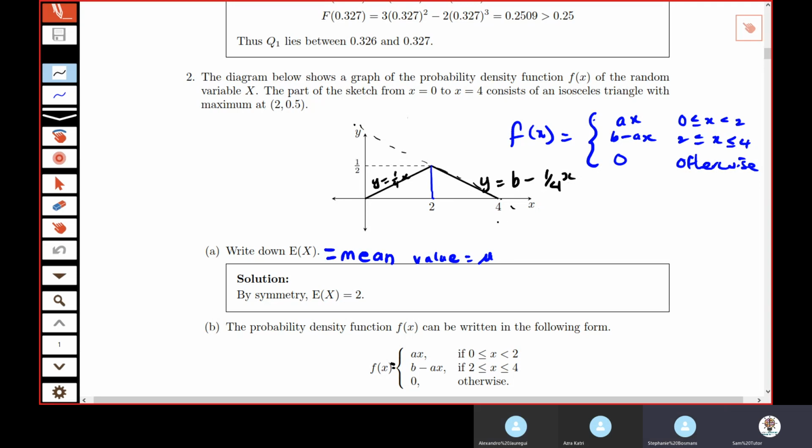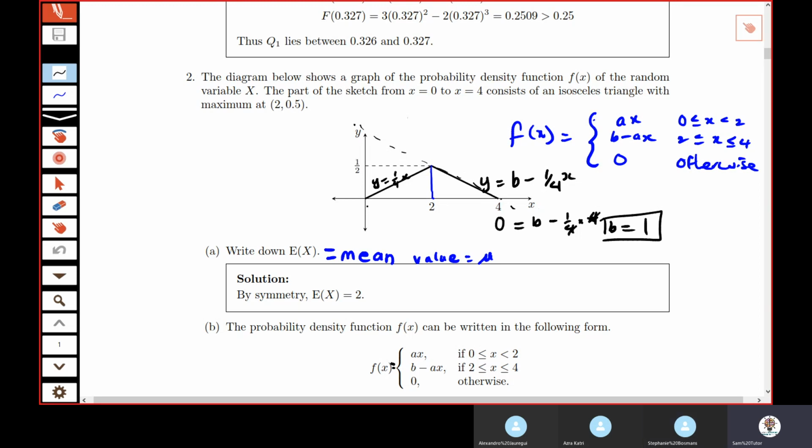So then what do we get? We get 0 is equal to b minus a quarter times 4. That becomes 1, so from there we can conclude b is equal to 1. You could have even subbed in x is 2, y is a half. That would have worked. And I thought that's what you were trying to say, Steph, when you said solve simultaneously, make them equal to each other.